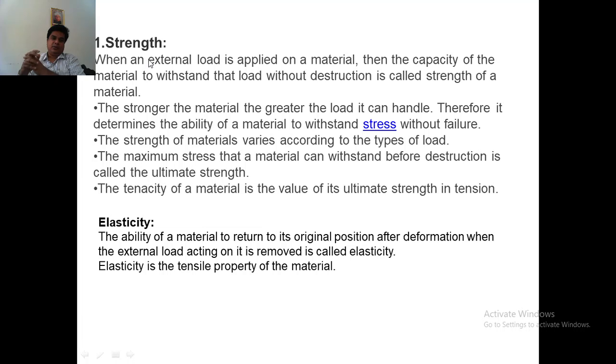And similarly, elasticity, I told you that in simple words, when you apply the load on the material, the material deforms or changes shape, and when you remove the load, it comes back to the original shape and size. That is called elasticity.